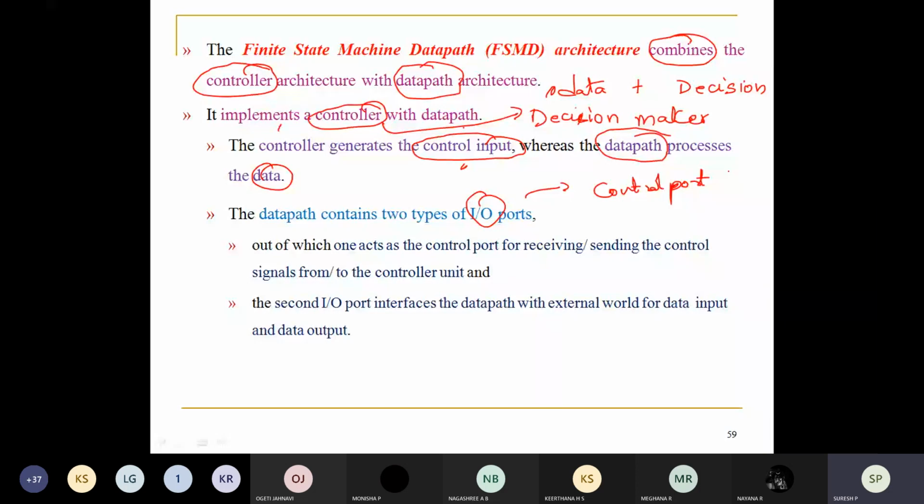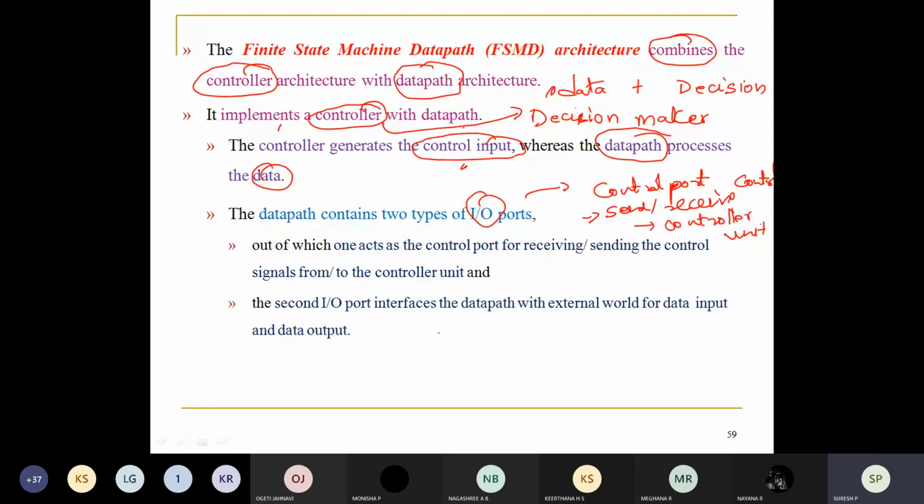It receives control signals, and it sends signals to the controller unit. Another port is referred to as the second I/O port interface. Here it is a data path with an external world for data input and data output.